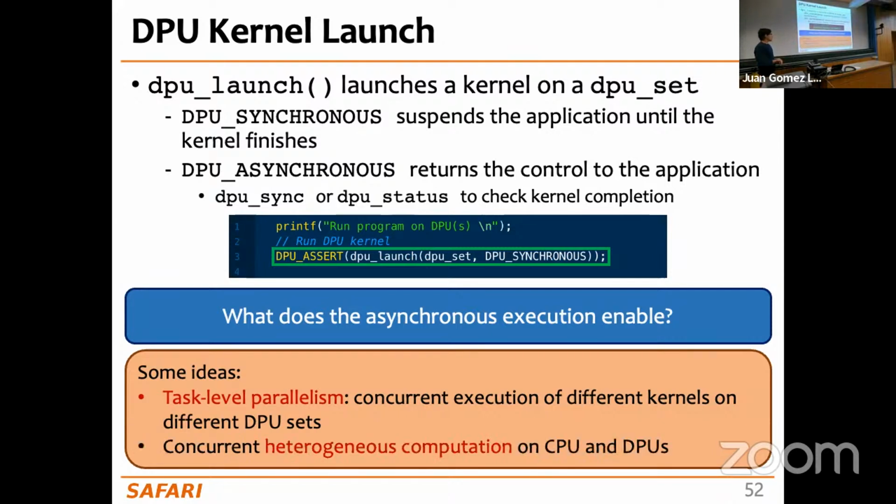Or we could have concurrent heterogeneous computation on CPUs and DPUs. After launching the kernel in an asynchronous manner, the CPU could continue computing something here, right? So those are two possibilities. Maybe you can come up with some other ideas. Yes.